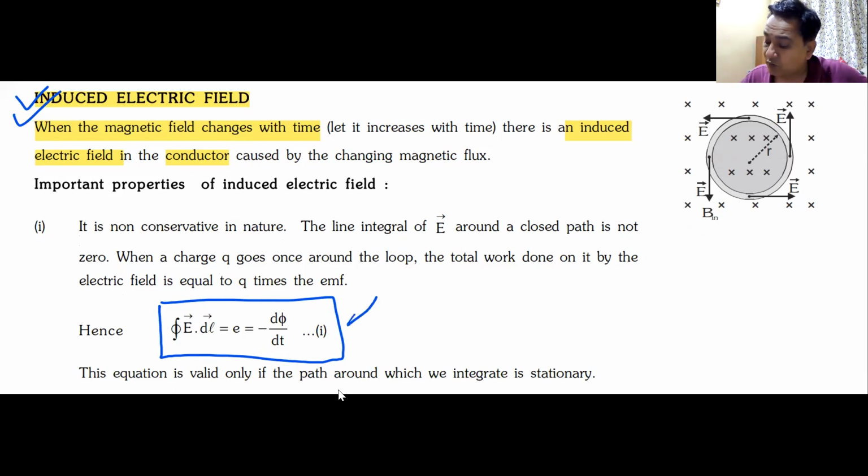In fact, it is equal to the induced EMF, or it is equal to minus d phi by dt. Do we understand this? Yes, sir. Therefore, if you move the charge in a closed loop in this field, the work done would not be 0. You have to do some work in this field if you move the charge in a closed loop.